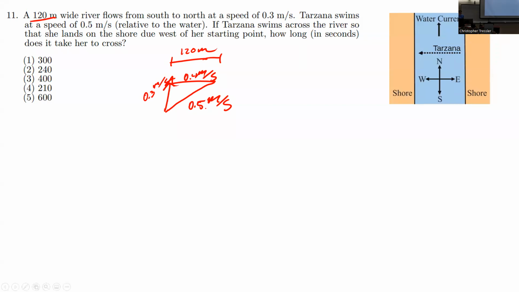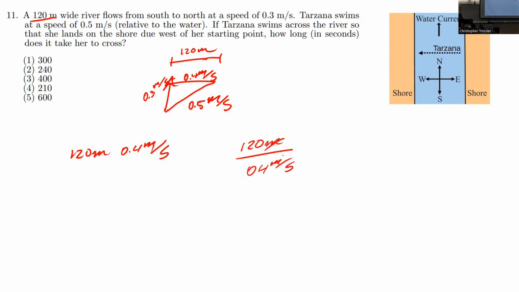Now, once again, let's look at our units real quick. What are we looking for? We're looking for time, right? So if we have 120 meters and we're moving in that direction at 0.4 meters per second, how are we going to find the time? Look at the units. Basically, we divide 120 meters by 0.4 meters per second.